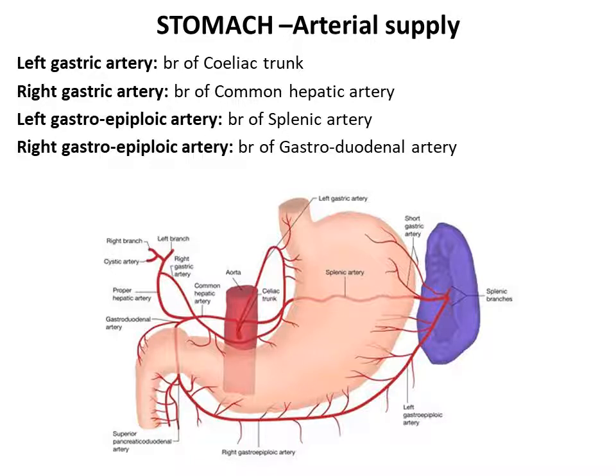Along the greater curvature lie the left and right gastroepiploic arteries, which run in the greater omentum. The left gastroepiploic artery is a branch of the splenic artery, and the right gastroepiploic artery is a branch of the gastroduodenal artery. The fundus is supplied by a number of short gastric arteries, which are branches of the splenic artery.